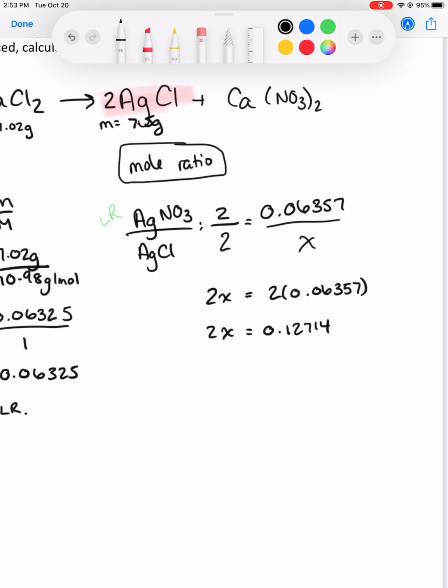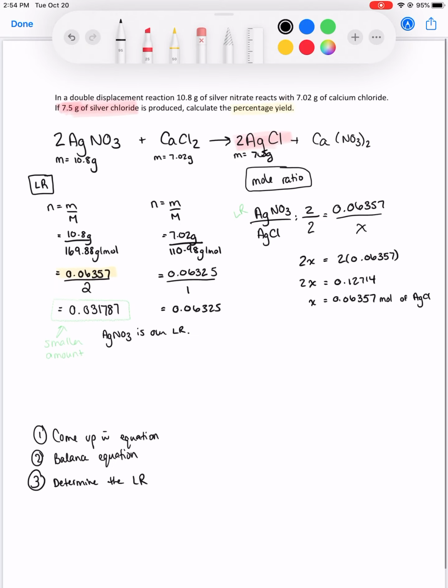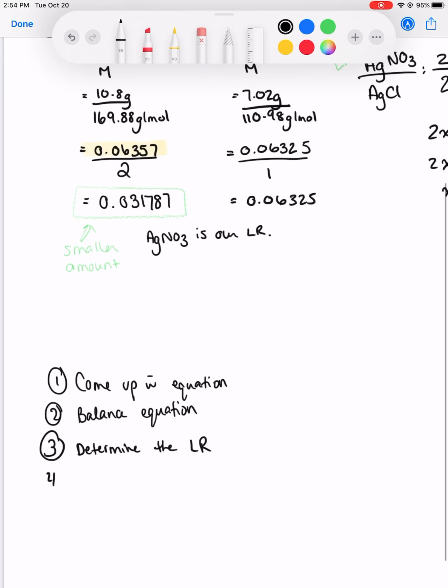Now we have to divide that by 2. Look at that, same amount. So this is the amount of moles of AgCl. Now, we've done a mole ratio.